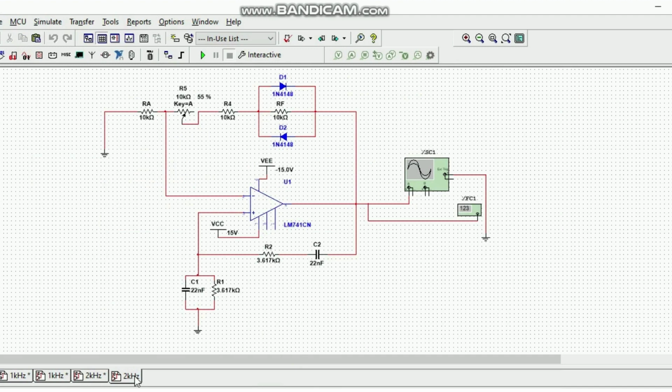This is the same circuit with stabilization. 2 diodes and a potentiometer were used. So let's check the output plot.